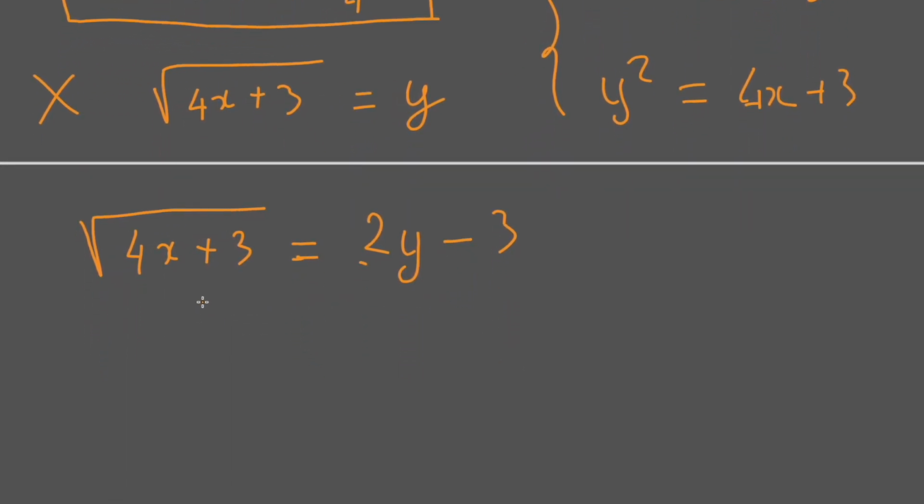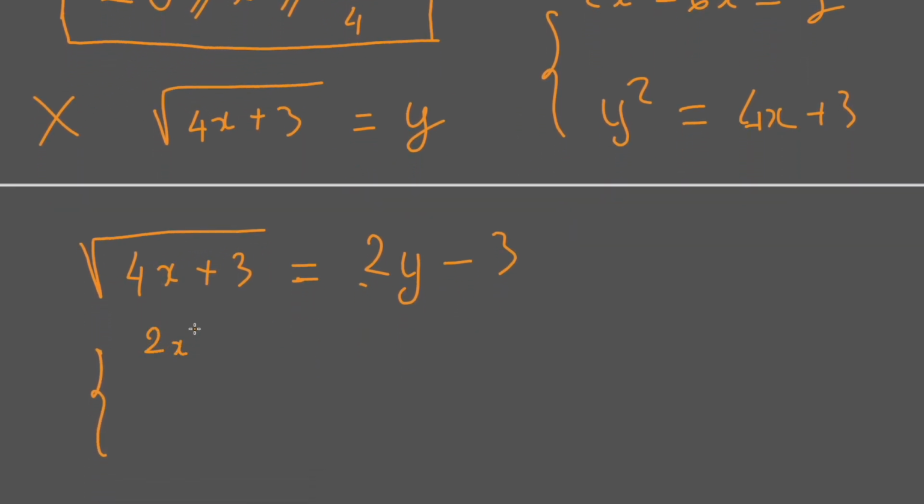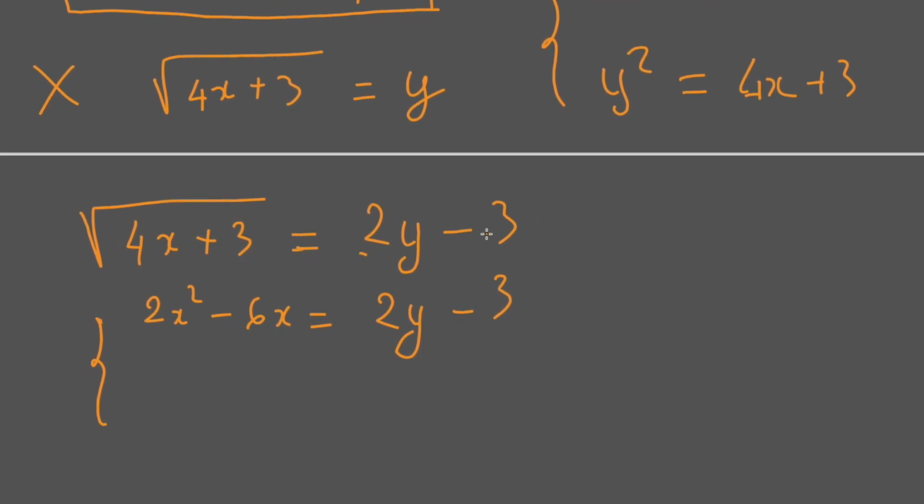First of all, we just replace it into the equation. We will have the system of equations. We have 2x squared minus 6x equal to 2y minus 3. And by squaring both sides of the second equation, we will have 4y squared minus 12y plus 9 equal to 4x plus 3.